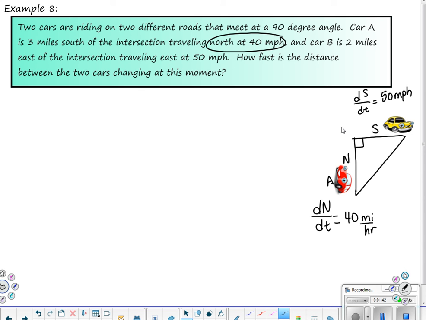And since he's going left, actually both of these would be shortening, wouldn't they? They would both be negative because the distance between them is shrinking, so I think we'll put them both at negative. The question is, what's the distance between them doing?